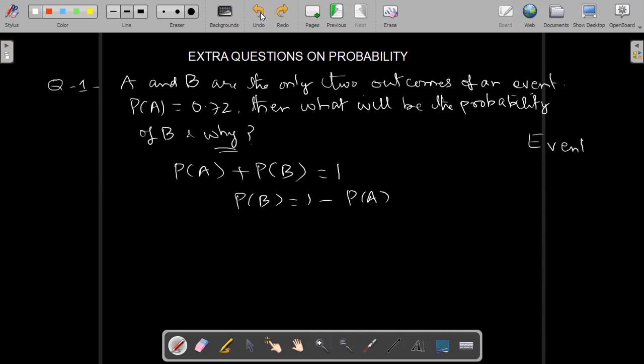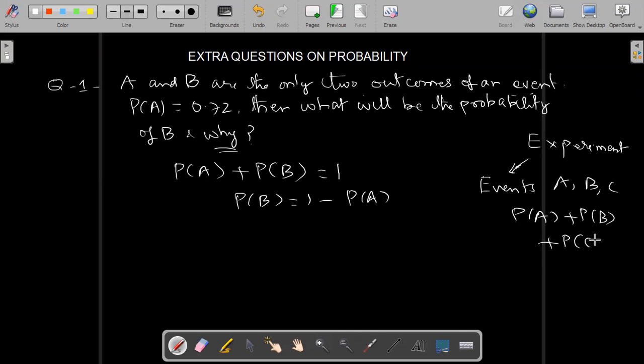And if an experiment is divided into exactly three events, suppose A, B, and C, then their sum will be equal to one. Whatever number of events there are, 3, 2, 4, their sum is always equal to one. That is the answer to this.